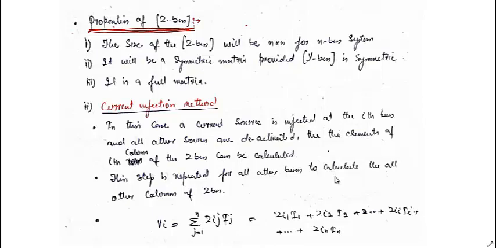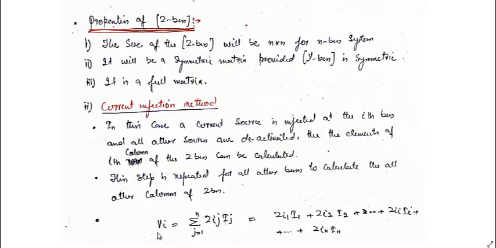Then the bus voltages which get produced because of this current source injected at the ith bus are calculated, and the ratio of these voltages divided by this current source will get us the ith column of the Zbus. I will let you know how to do this. This step is repeated for all other buses to calculate the other columns of the Zbus. Just wait, I will let you know what this means.